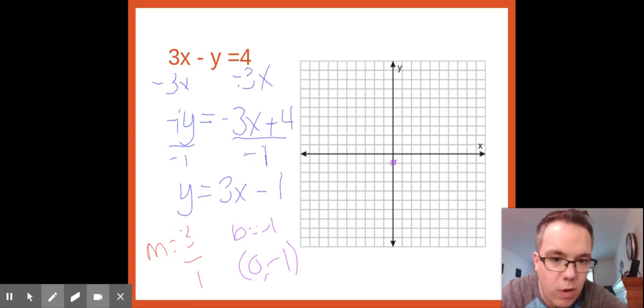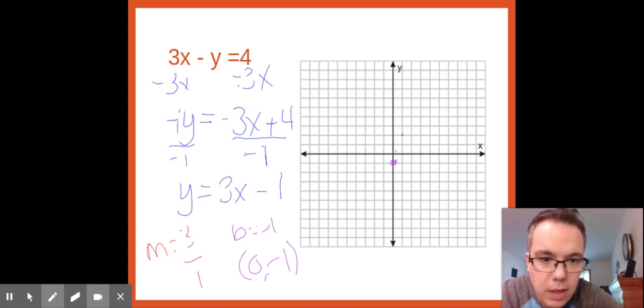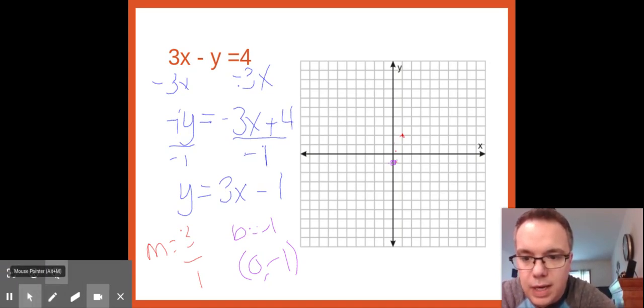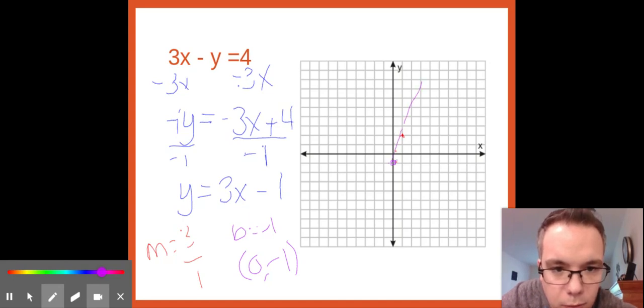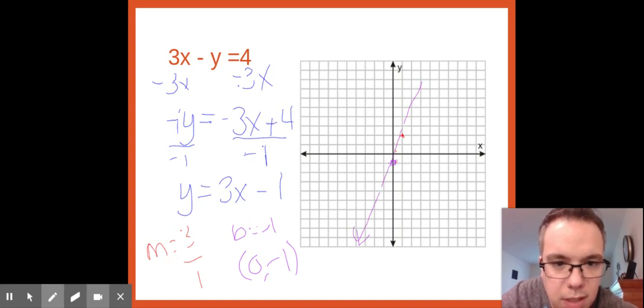So that means I'm going to go up 3. So up 1, 2, 3, and over to the right 1. So I went up 3 over 1, and then I can go ahead and make my line from these 2 points, and it's not the straightest, but there we go.